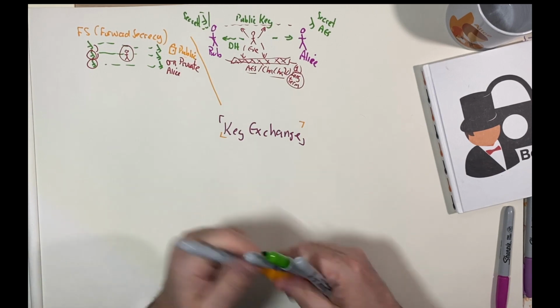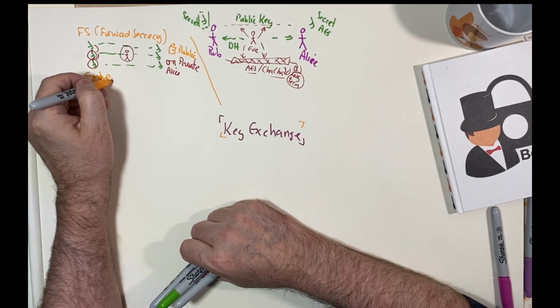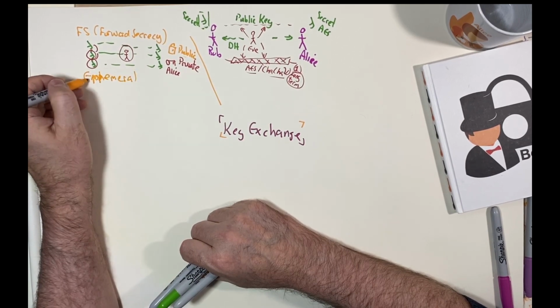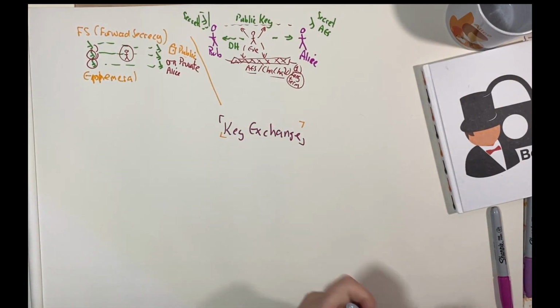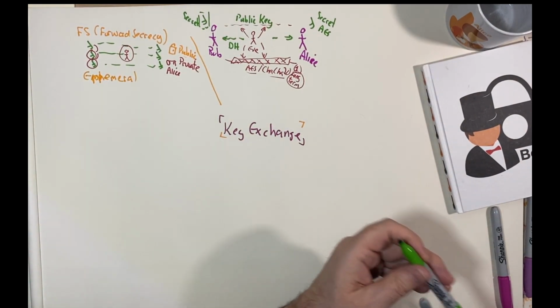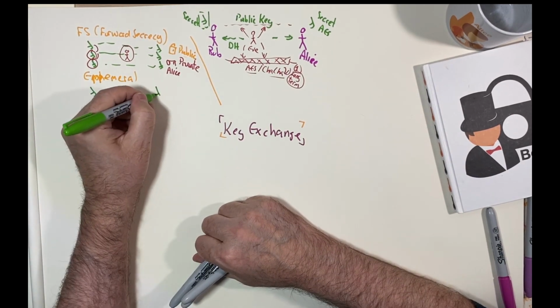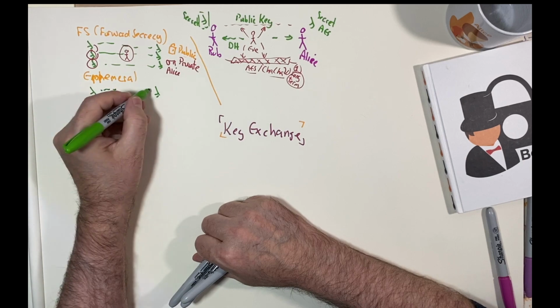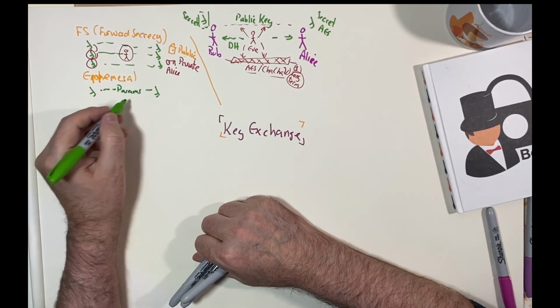The other parameter that's important is ephemeral. And with ephemeral methods, the problem is that when we're performing a key exchange, we use certain parameters, as we'll see.